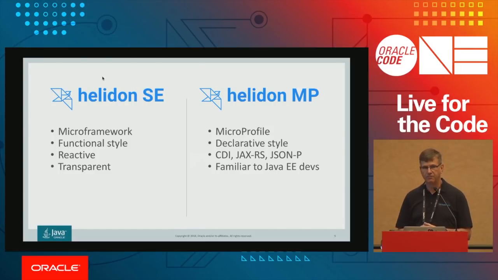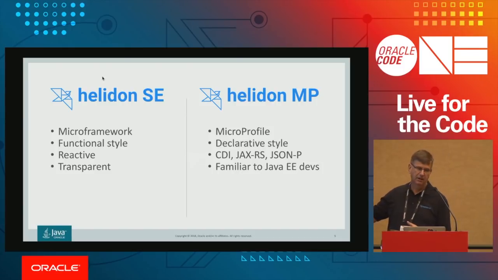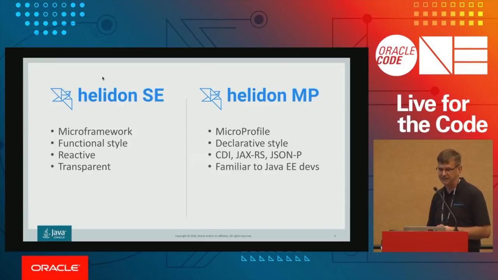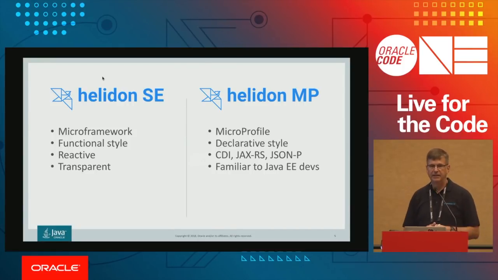So if you're familiar with MicroProfile, you'll know that that's kind of a Java EE style programming model. There's APIs from Java EE, CDI, JAX-RS, and JSON-P being some obvious examples. It's a declarative or inversion of control style programming. As I said, it'll be familiar to Java EE developers.